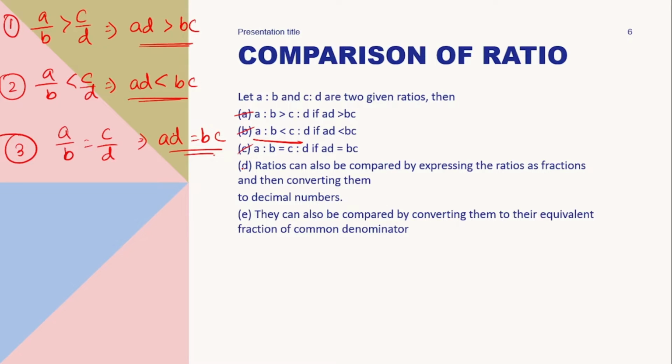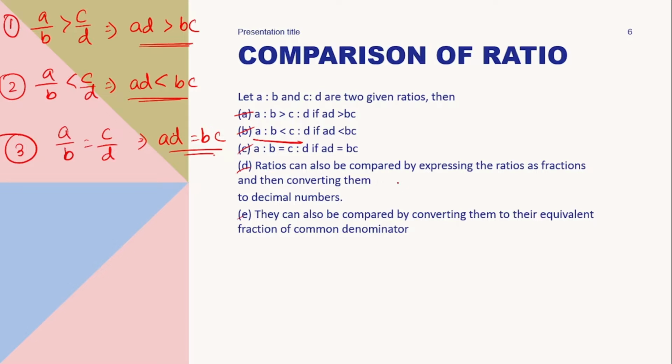Point D says that ratios can also be compared by expressing the ratios as fractions and converting them to decimal numbers. And option E says that they can also be compared by converting them to their equivalent fractions and common decimals.